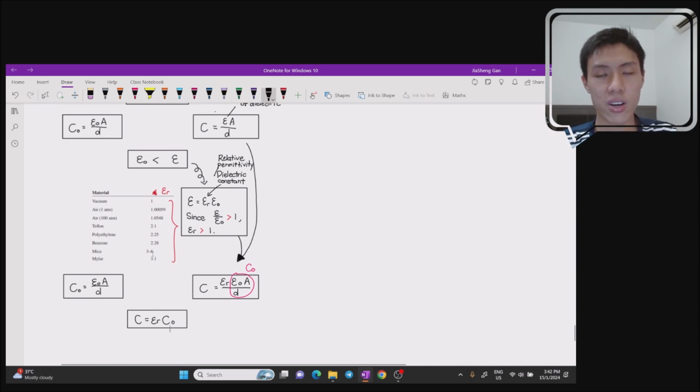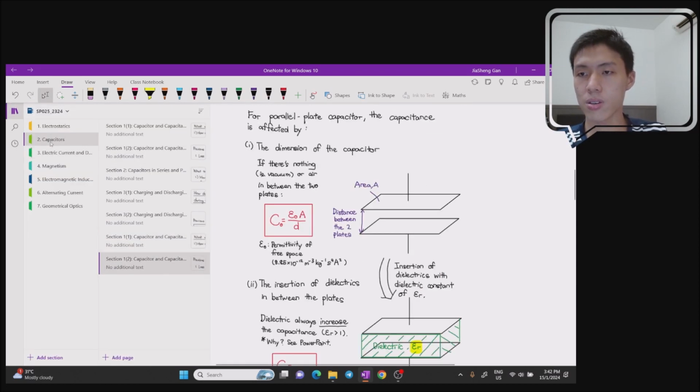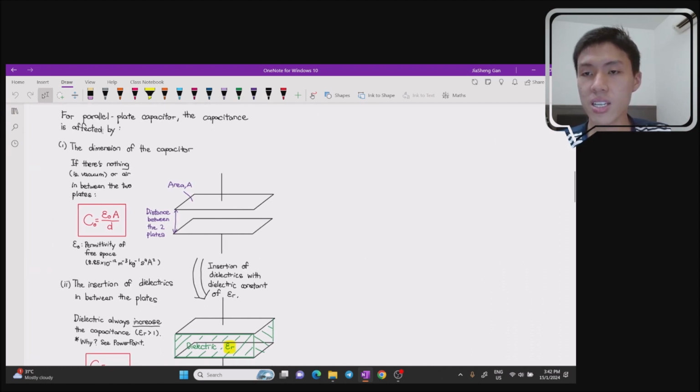This epsilon r here is a very important value, and different materials have different values of epsilon r. So to recall what we have learned until this point, for a parallel plate capacitor, the capacitance is affected by two things. First, the dimension of the capacitor. If you have a greater, wider area, you have greater capacitance.